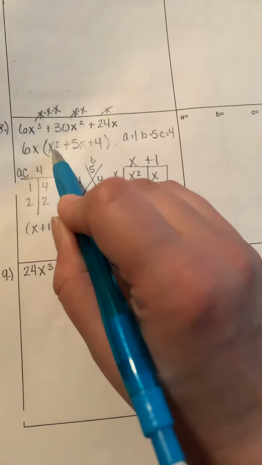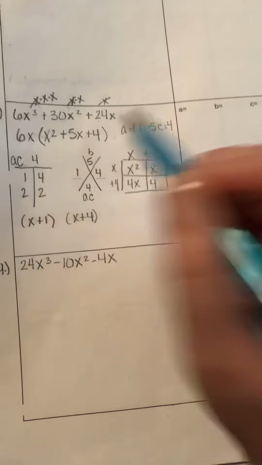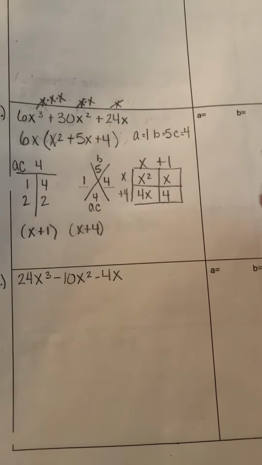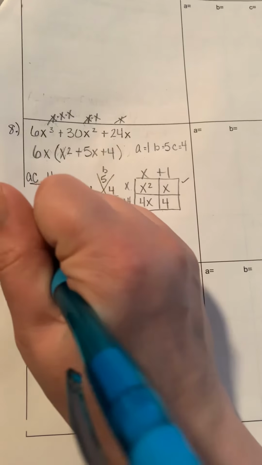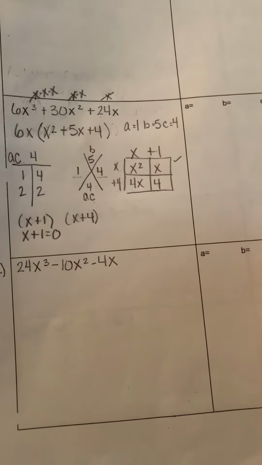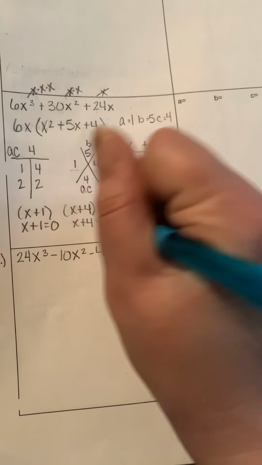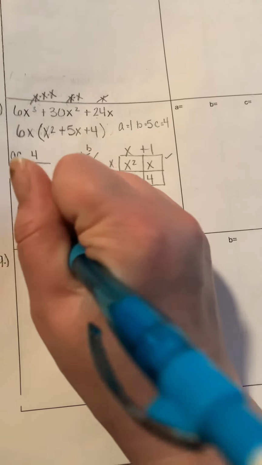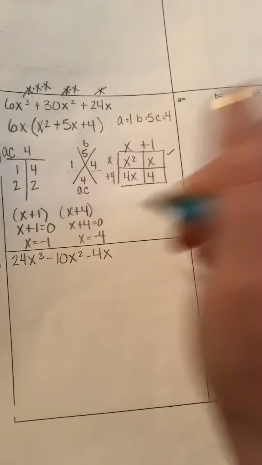So x squared here, 4x plus 1x, 5x, and our 4, so we know our factors checked out. Now let's set each of these factors up equal to 0 to find out where they cross the x-axis. So x plus 1 equals 0, x plus 4 equals 0, so x is equal to -1, x is equal to -4.